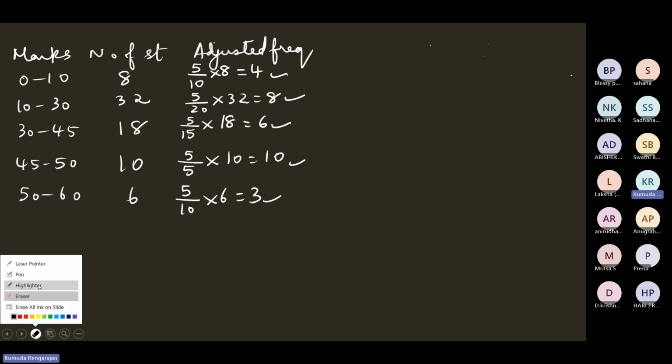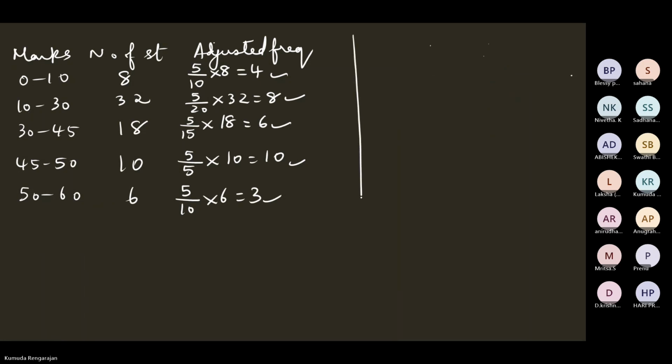So now when you put the histogram, the scale, you must take as usual 0, 10, 20, 30, 40, 50, 60. Take it as usual. Don't take only the values you see here.